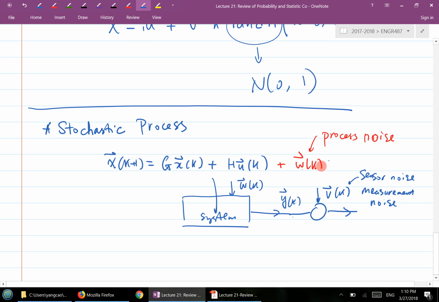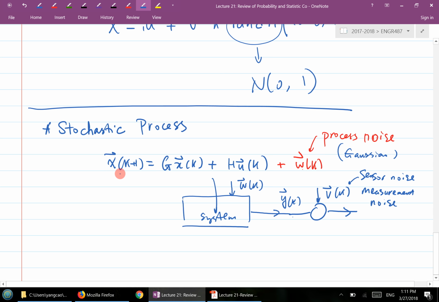But the existence of this changes the description of the system significantly. So if you think about this, this is a process noise. Let's say I'm considering this as a Gaussian type of process noise. Then every time you run the system, because of the existence of this random variable, guess what?